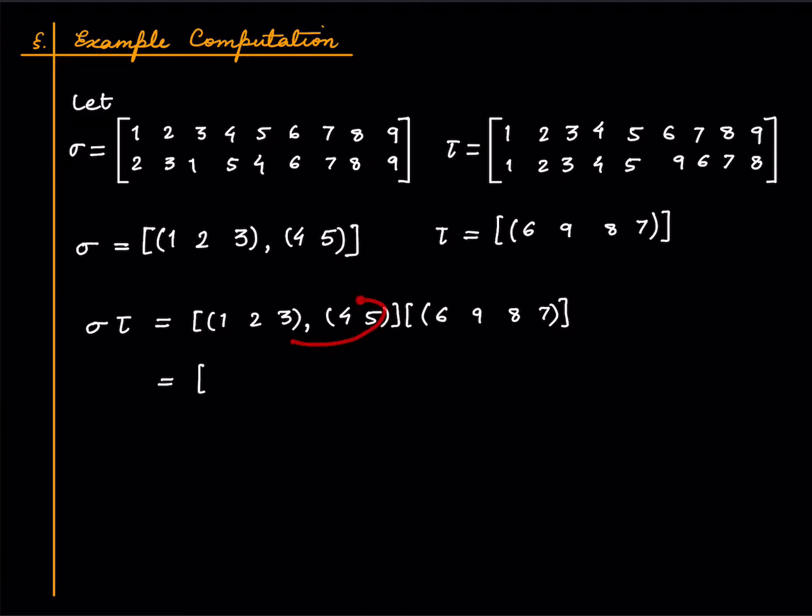No numbers that are present in the non-trivial cycles of sigma are present in the non-trivial cycles of tau. And conversely, if there is something in the non-trivial cycle of tau, it's not present in the non-trivial cycles of sigma.